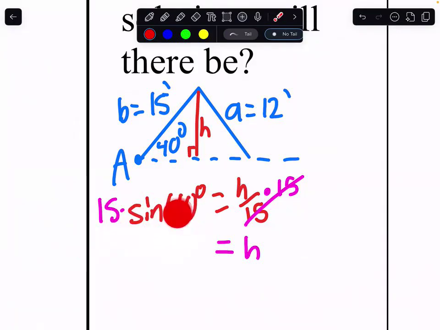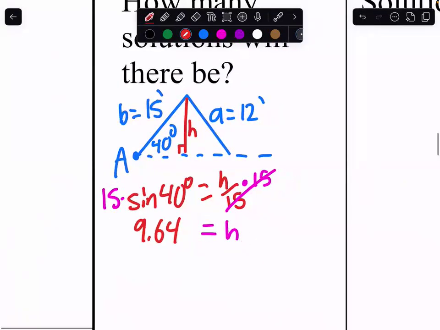By the way, make sure your calculator is in degree mode, not radian mode, because this is degrees. The hundredths should be fine, so round to the second decimal place. We get that the height is 9.64.